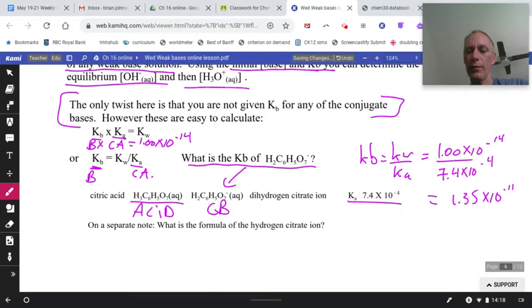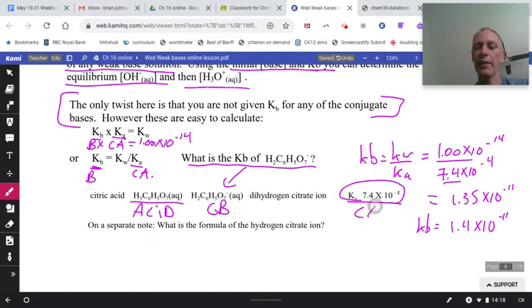We only have 2 sig digs, so it's 1.4 times 10 to the negative 11. So that's the Kb of the base based on the Ka of its conjugate acid. Okay, so that's trick number 1 to these questions. If you're given a base, you've got to figure out its Kb from the acid.